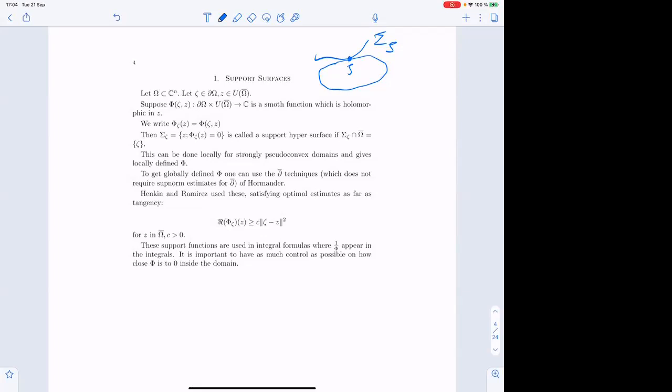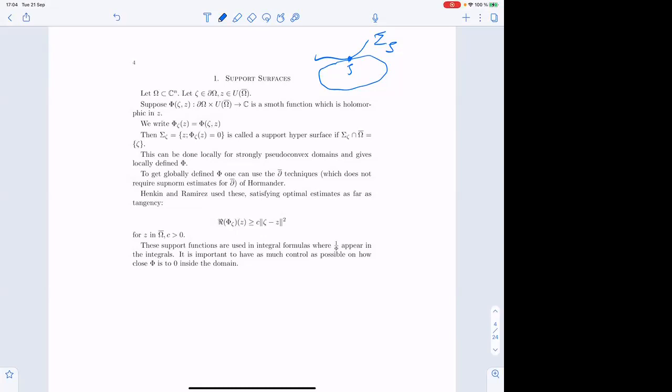This can be done locally for strongly pseudoconvex domains and gives you a locally defined phi. From then you can use d-bar Hörmander techniques to get globally defined phis. These estimates do not depend on subnorm estimates.